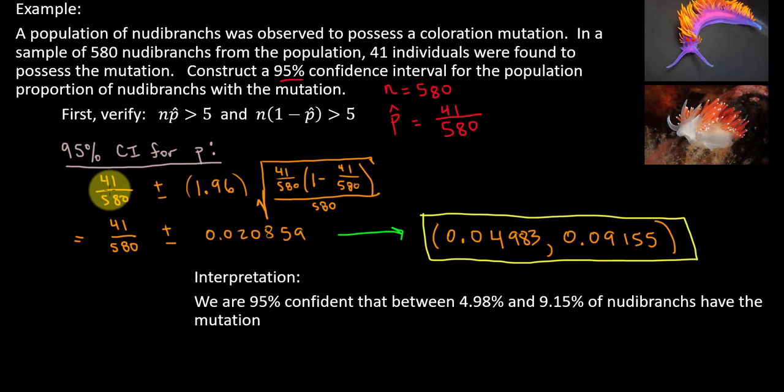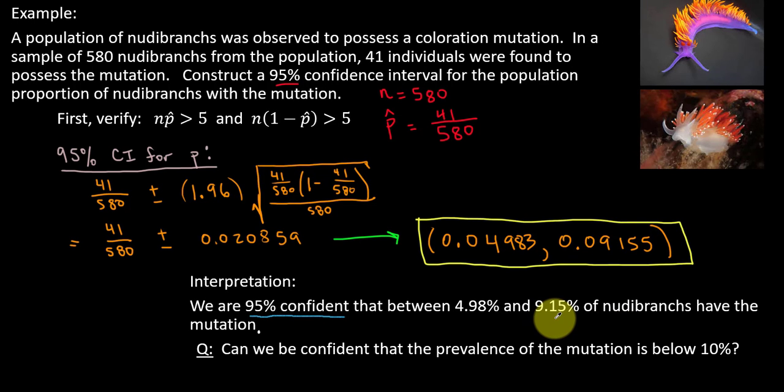So based on that, what inferences can we make from sample to population? The population proportion is unknown. However, we are 95% confident that that proportion is between about 4.98% and 9.15% of nudibranchs with the mutation.